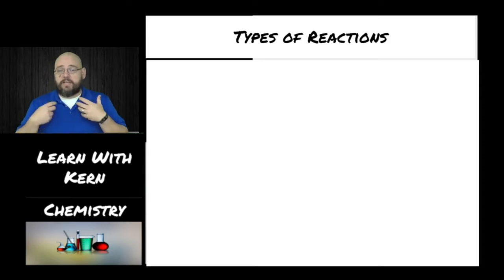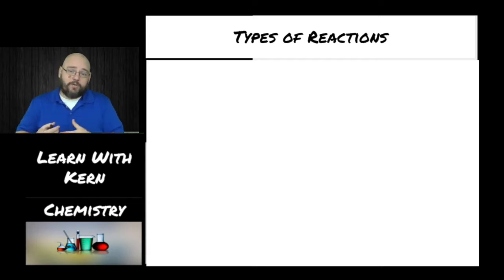So the activity series tells whether or not it can replace it. An element can replace anything that is lower than it on the activity series. So if it's below, then it can get replaced. If I have an element that is lower on the activity series and I'm trying to replace something higher than me, I can't replace it and no reaction would happen.